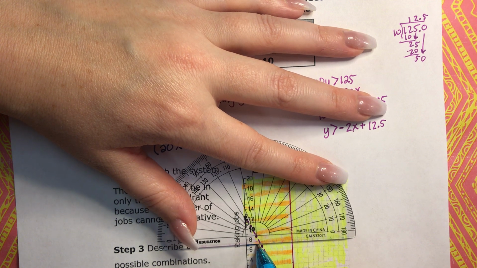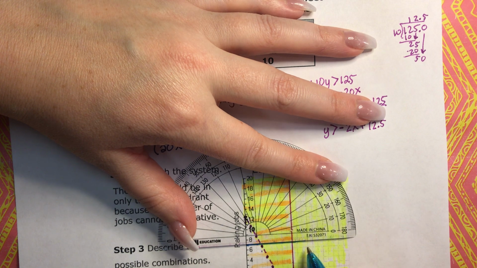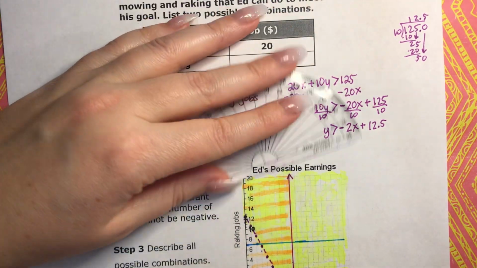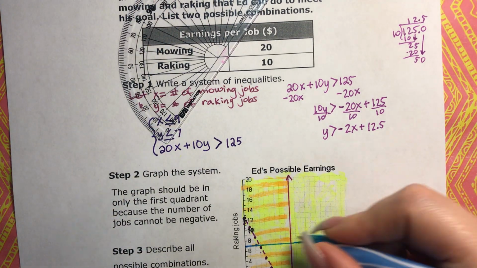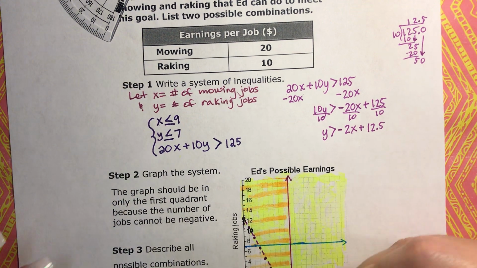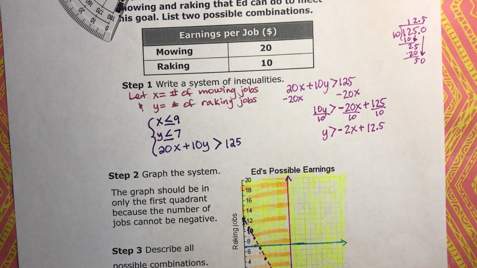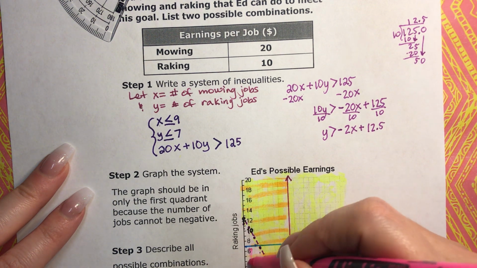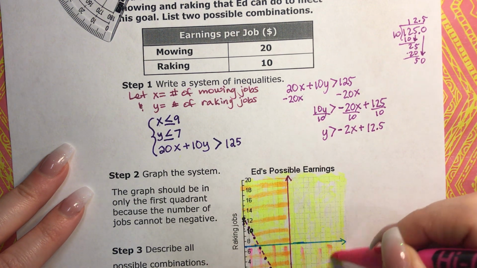Just trying to get it right. Oh shoot, it moved. Okay. That is that one. Okay, and it's less than, so that means it's going to be everything below. So exciting. And there we have it.